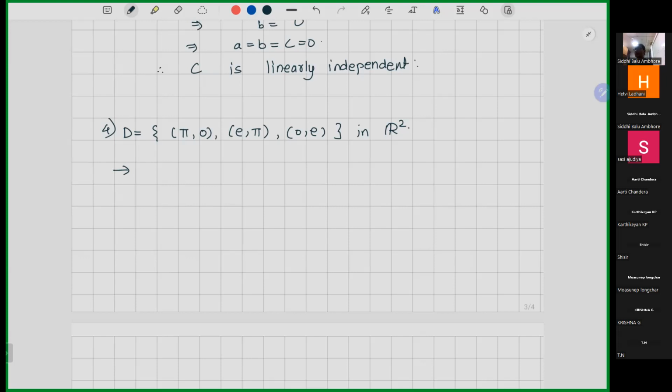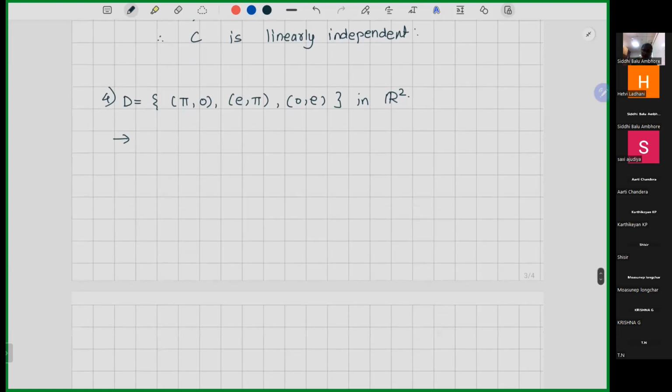That is the theorem, a corollary from the replacement theorem. But if you are not very clear with that, let me solve this to be clear, and we will see why. Just because we are seeing e, pi and everything, we might think that this would be a linearly dependent set, but that's not the case.